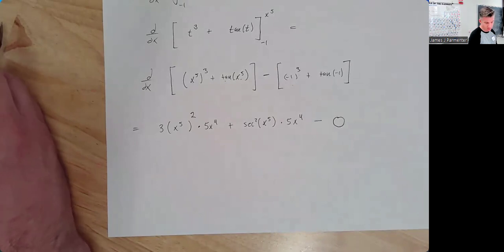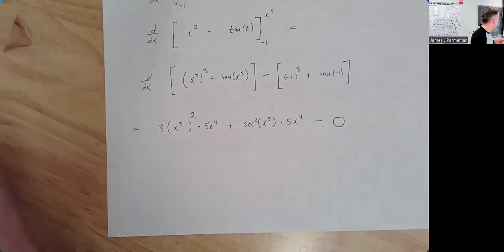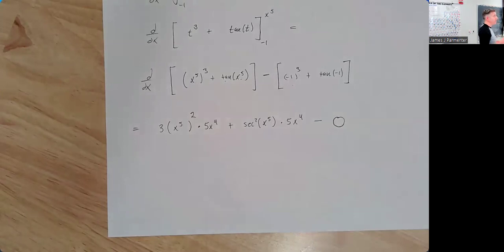Let me ask you a different question. Is tangent of -1 a constant? Yeah, I don't know what it is, but it's not changing. So if you're asking yourself whether this thing is a constant, the question you're really asking is whether the variable x is somewhere in there.